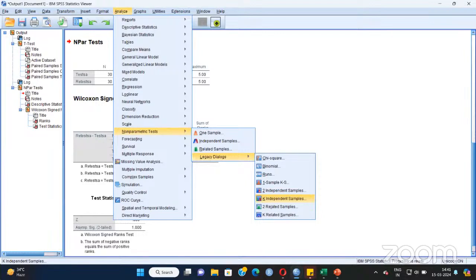I want to show you again. I will show you two things: one is the parametric approach, another one is the non-parametric approach.